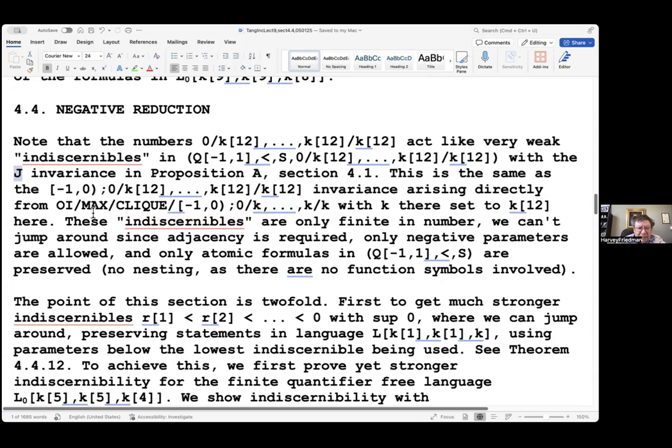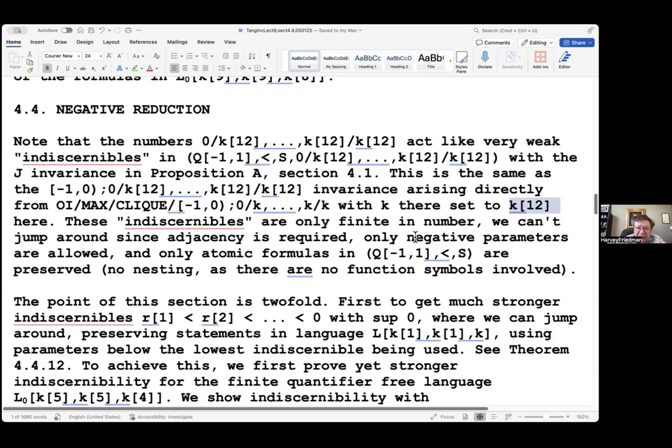What we do now, I should say this more clearly. Of course, I said it before, I'll say it again. In the original statement, we have K, but we set K to be K12.